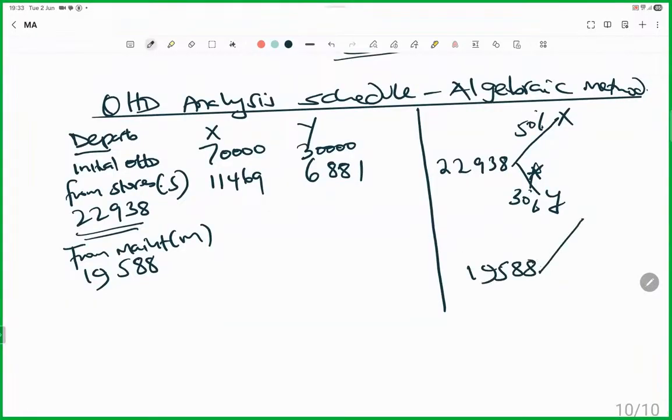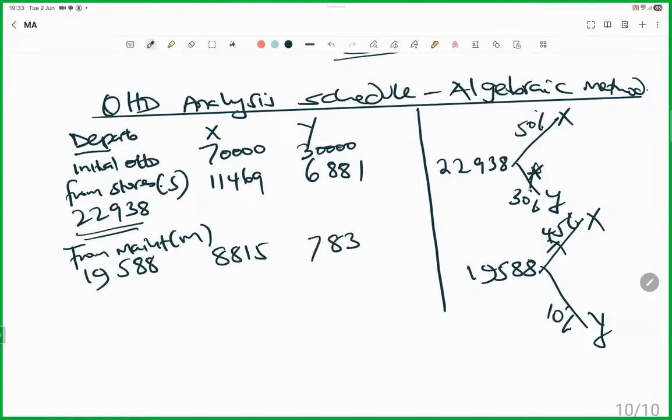So you are only going to apportion these between X and Y. What is the percent of X? 45%. Y is what here? 40%. So X will be 45% of 19,588, which is 8,815. How about Y?